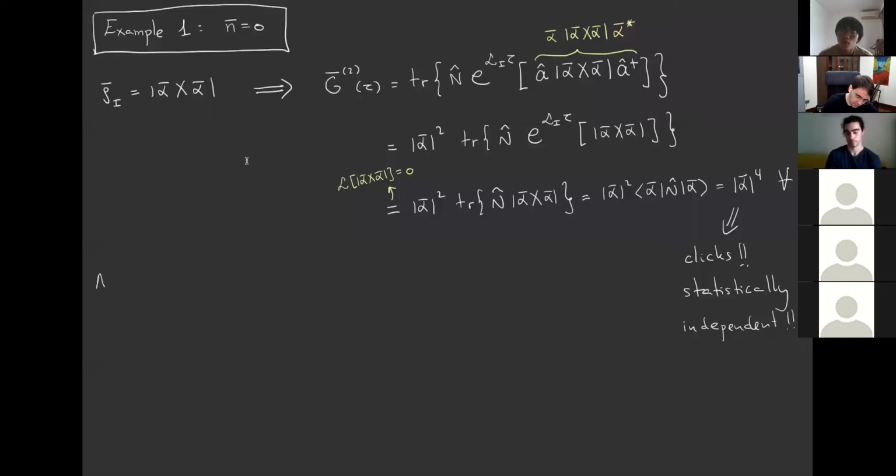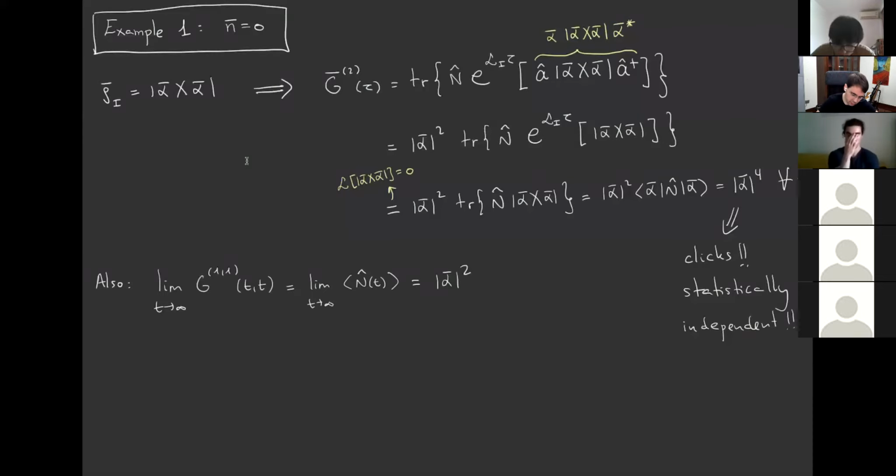Okay, but then let me tell you a few more things. Also take into consideration that the G11 function, so the first order function, this is just equal, as we have seen already, to the expectation value of the number operator inside the cavity in the asymptotic limit. And this for a coherent state is, of course, alpha squared.